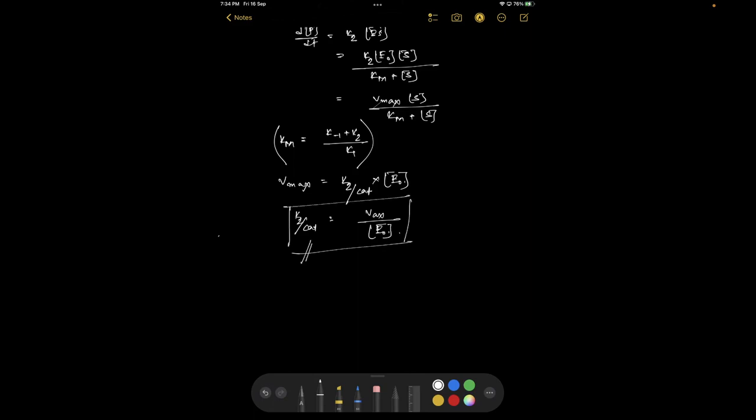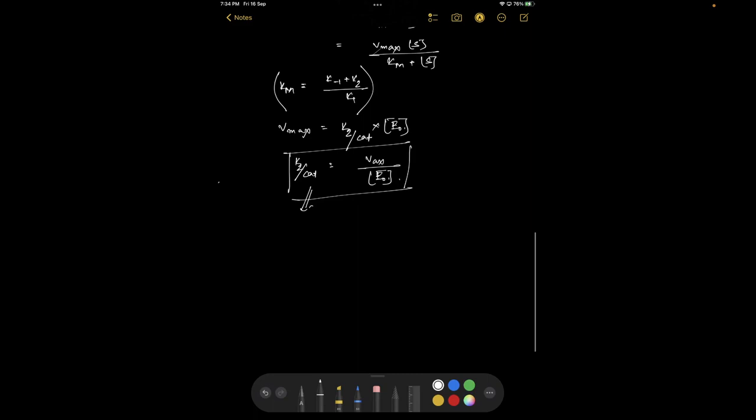Now this K2 or K catalytic, we call it the turnover number. So in the question, if Vmax is given and the initial concentration of the enzyme is also given, then we can calculate the turnover number by computing K catalytic.